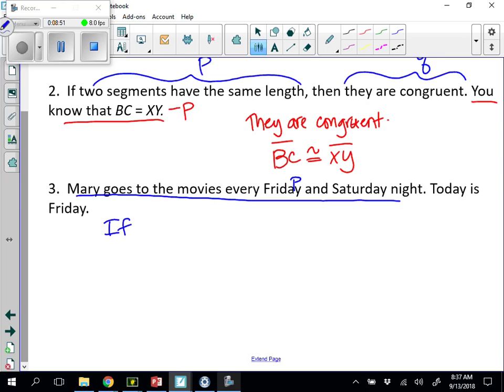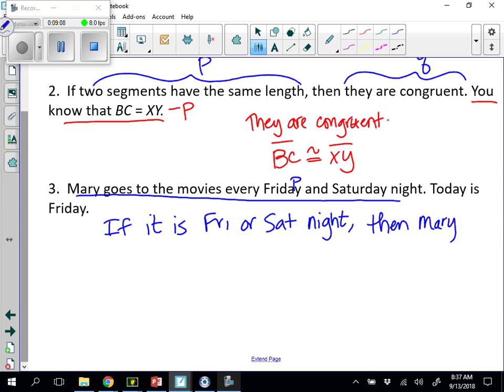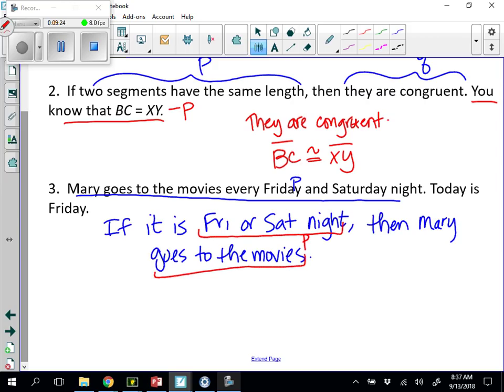So if it is Friday or Saturday night, I'm going to do a little abbreviation here. If it is Friday or Saturday night, then Mary goes to the movies. Okay, so my hypothesis: if it's Friday or Saturday night, then she's going to the movies.